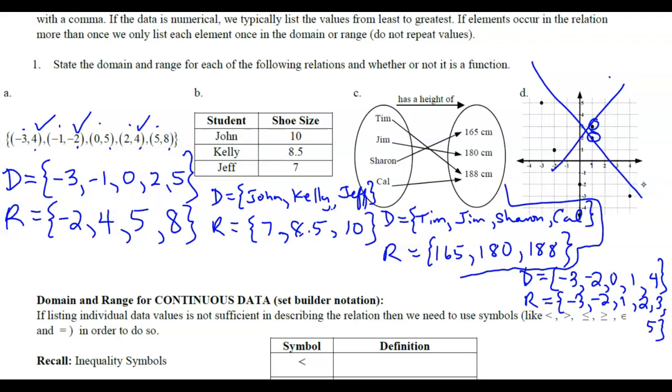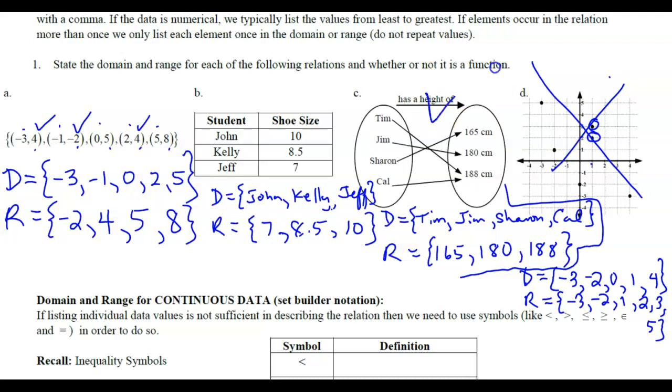With an arrow diagram, it's also easy to see. There should only be one arrow coming from each domain if it's a function. Okay, and there is. There could be two domains that go to the same range, but not one domain going to two ranges.